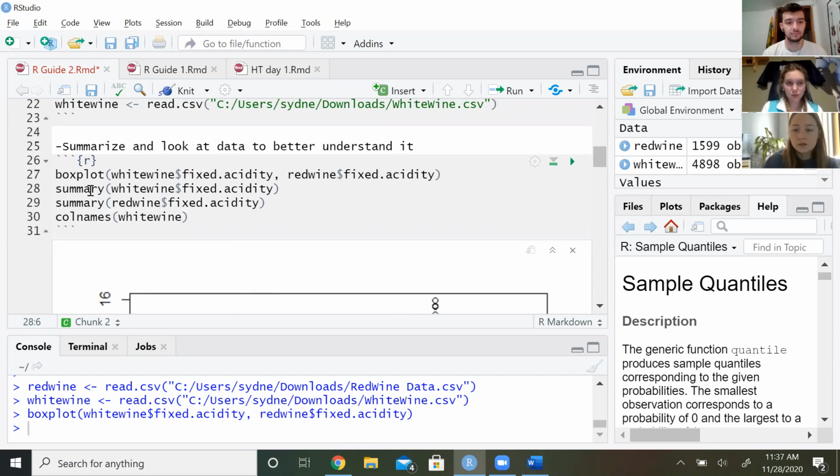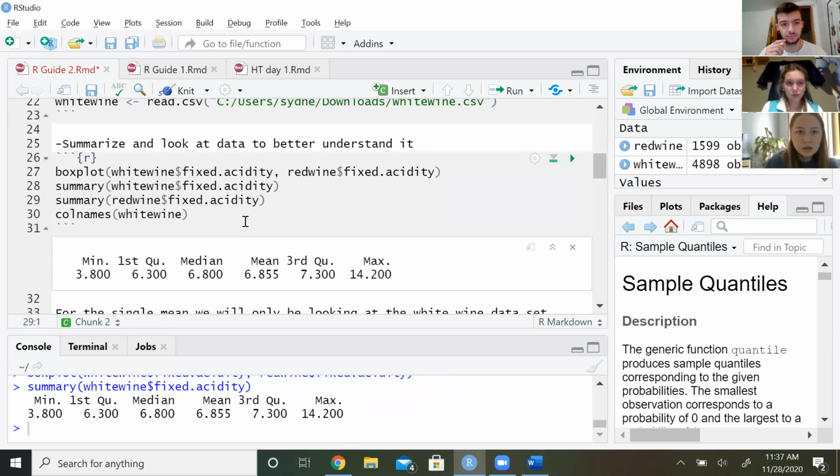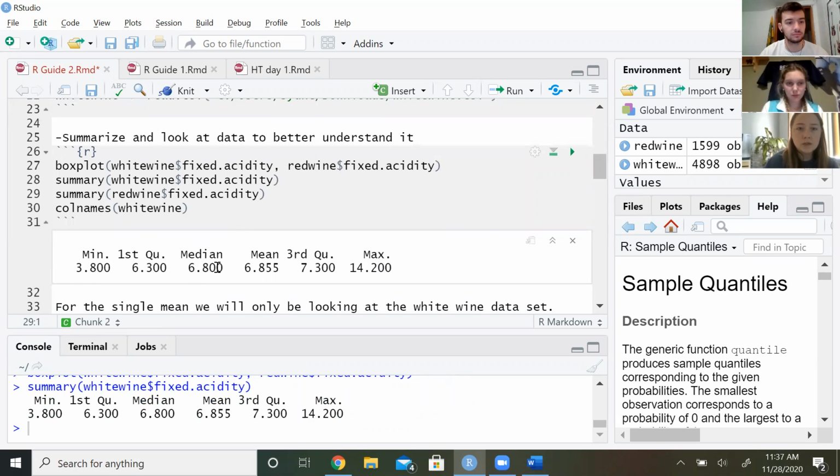Then we can also look at a summary of these two just to put some numbers to the box plots. The median line that we saw for white wine was 6.8, and the median for the red wine was 7.9, which follows what we saw in the pictures, which has red wine as higher in its fixed acidity.